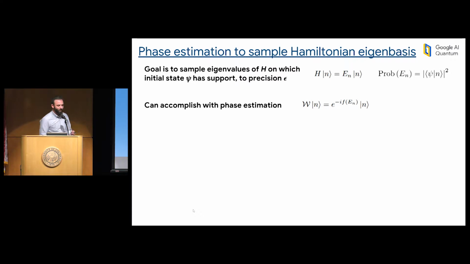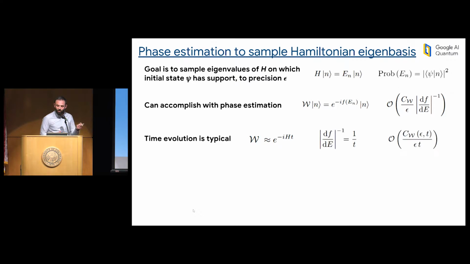And I'll explain in a minute why I'm describing things that way. But if you have a unitary like this, then you could show that in general the cost of performing phase estimation is the cost of implementing this W over epsilon divided by the derivative of this function, which is a function of the eigenvalues of the Hamiltonian. So the thing that we typically do is much simpler than what I'm saying. It's just time evolution. That's what's been done in a lot of papers.